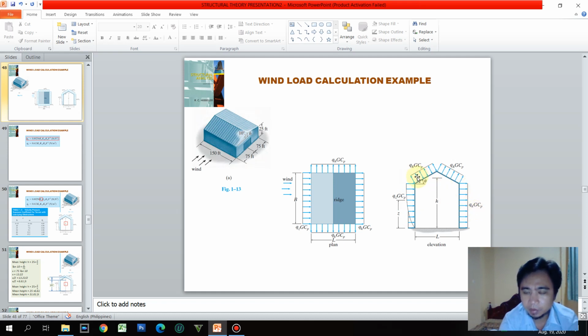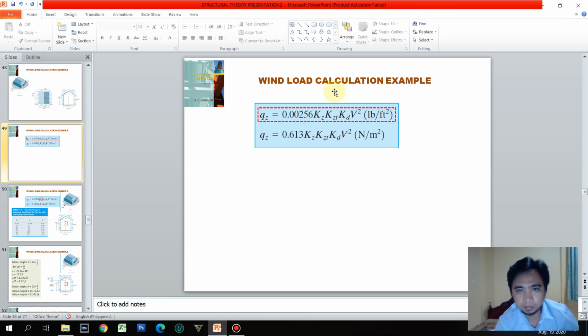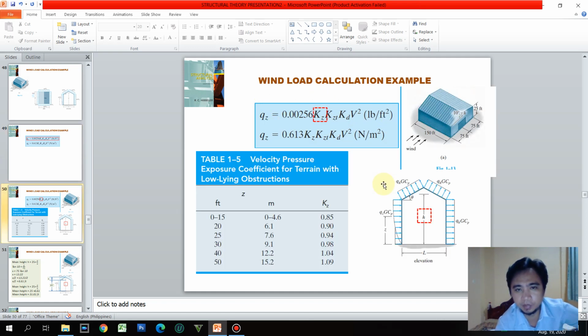We have QHGCP for the roof windward and QHGCP for the roof leeward. We are going to use English units here because all of the units are in pounds and feet. So let us have the first variable, Kz.